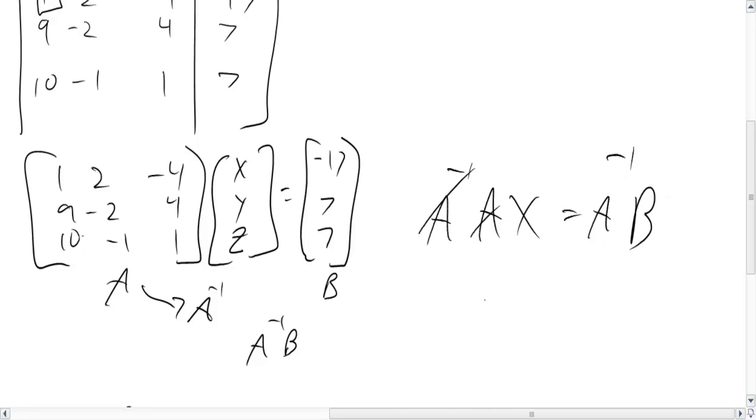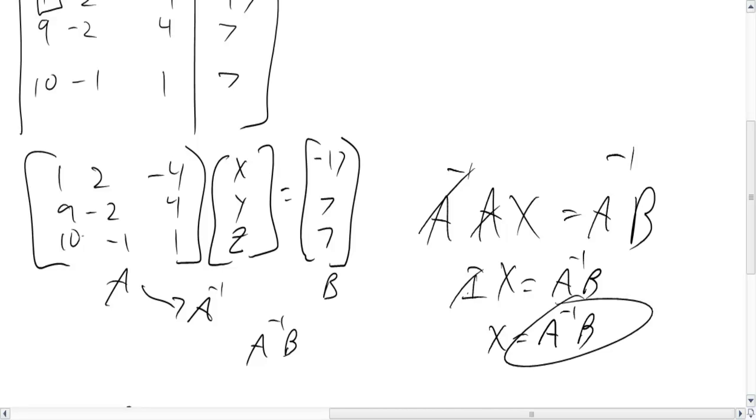So then A inverse times A makes the identity matrix. The identity times anything is always just that thing. So all we're typing in our calculator is A inverse times B. Okay, best of luck.